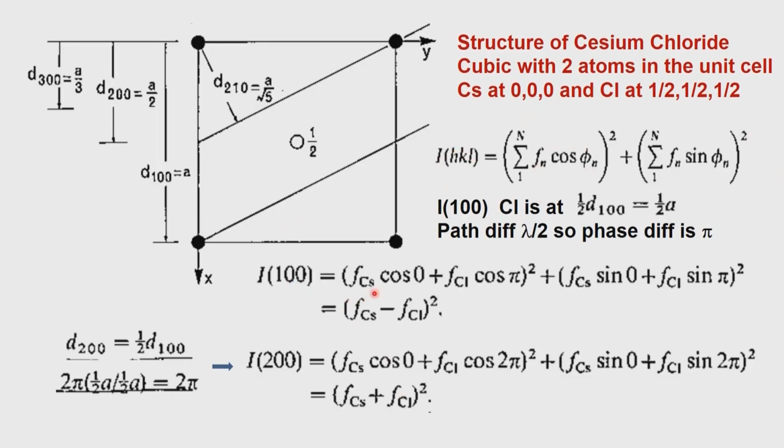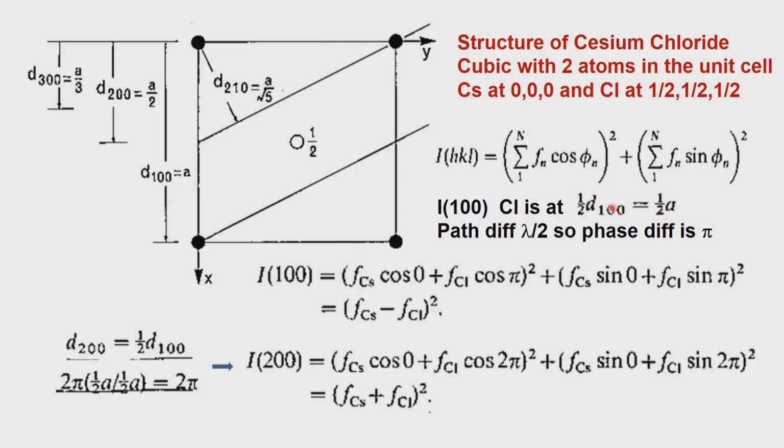So we get f of Cs cosine 0 plus f of Cl cosine pi, whole squared. Now, why did I write cosine pi here? You know by now the phase difference which comes if the atom is displaced by half the distance.